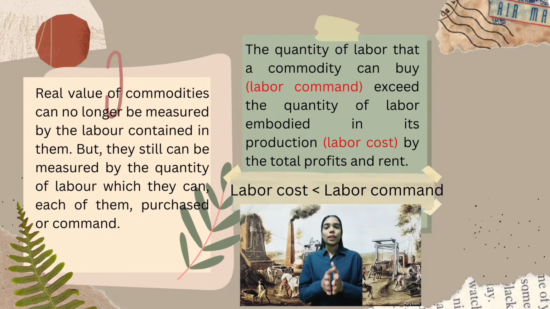The real value of commodities can no longer be measured by the labor contained in them, but they can still be measured by the quantity of labor which each of them can purchase or command. The quantity of labor that a commodity can buy, labor command, exceeds the quantity of labor embodied in its production, labor cost, by the total profits and rents. In this case, it can be said that the labor cost is less than the labor command.